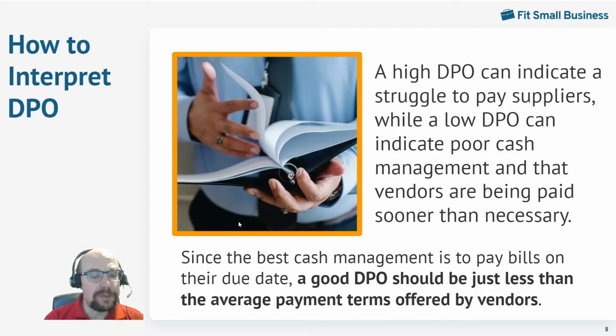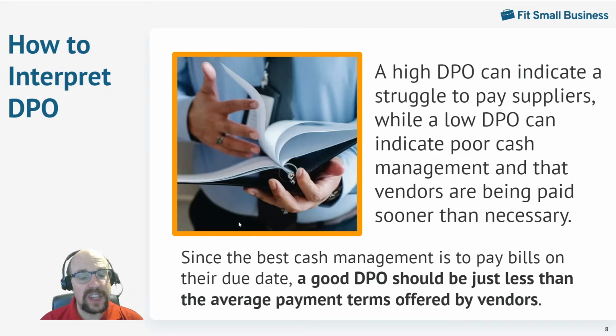Now, a very high number is clearly a bad thing if it's higher than what your vendors typically give you for your payment terms. What I shoot for is a days payable outstanding number that's maybe slightly less than the average payment terms your vendors give you.